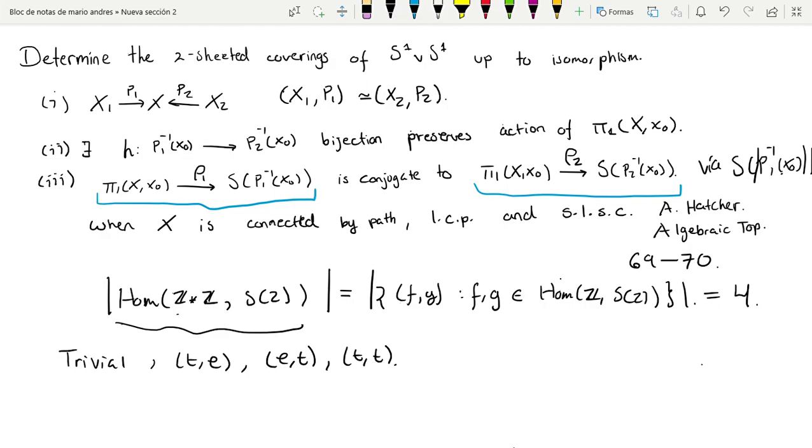Well, the trivial is the one induced by the EE pair.